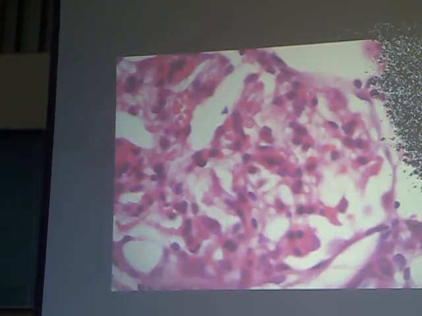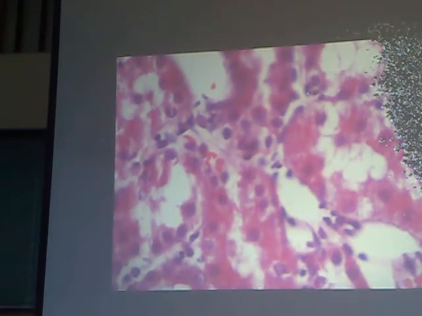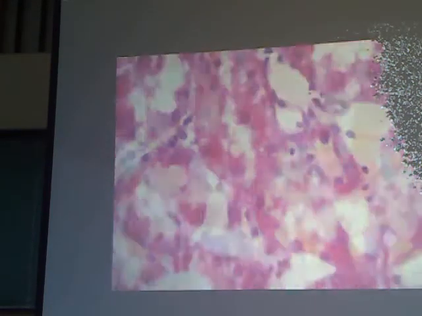However, we are able to see neutrophils. Those are neutrophils, polymorphonuclear cells present within the glomeruli. They are not normally present inside the glomeruli.